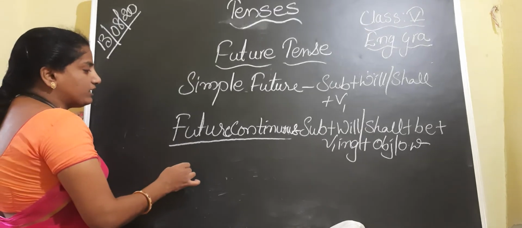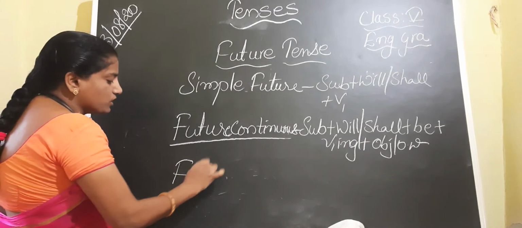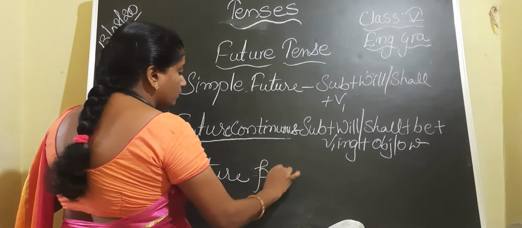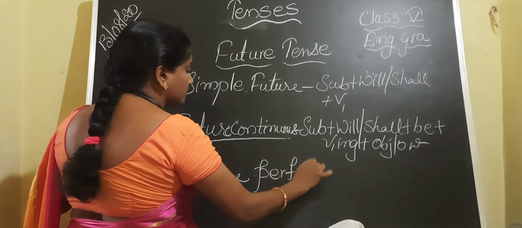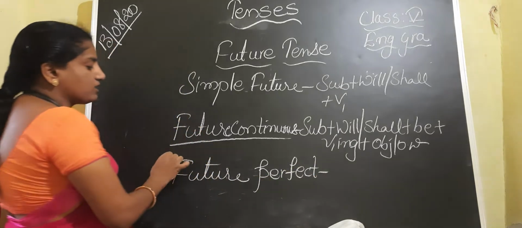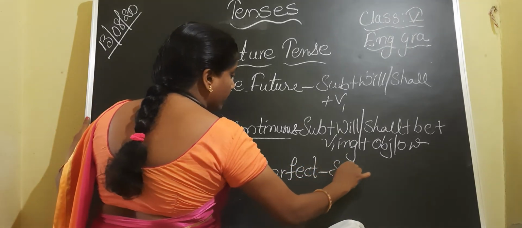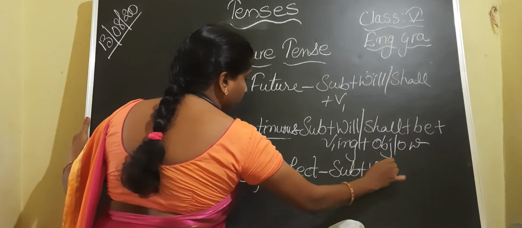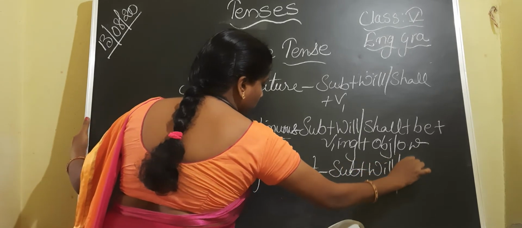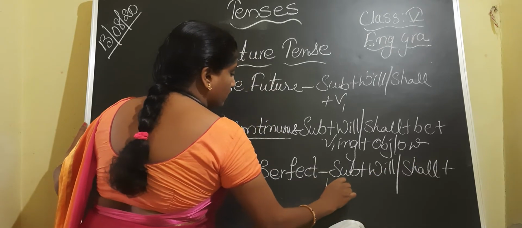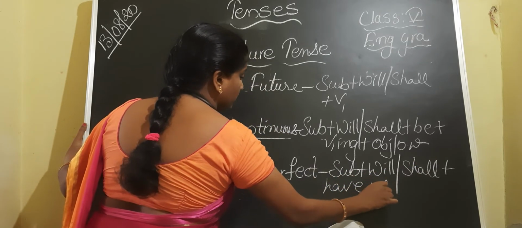Now our next tense children, future perfect. It is also the tense which already started. Along with the subject, we have to use will or shall have plus V3.